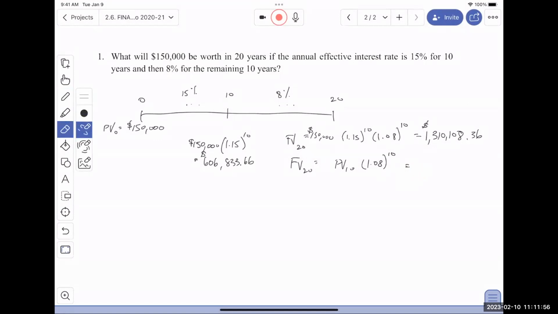You could write it like this, you can write it like this. This looks more like the time value of money formula, so it's not like I taught you something new. I'm just using the time value of money formula twice. Okay, let's go to the next one, while Daviana sends me that video.